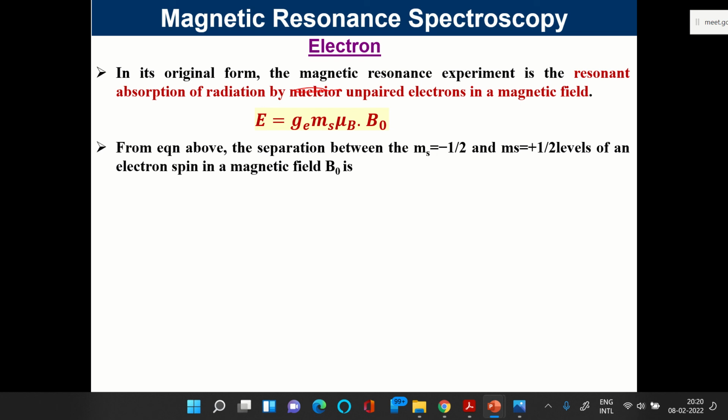So what I was telling you is that now we are talking about an interaction of the magnetic field with a magnetic dipole. Previously, when we were talking about rotational spectroscopy or vibrational spectroscopy, we were talking about an electric dipole interacting with the electric field. Now the situation is different. So this is a fundamental difference between the spectroscopies.